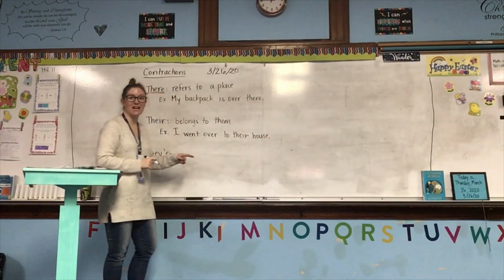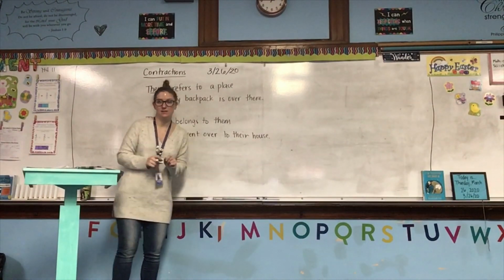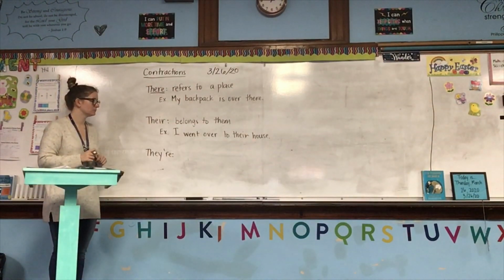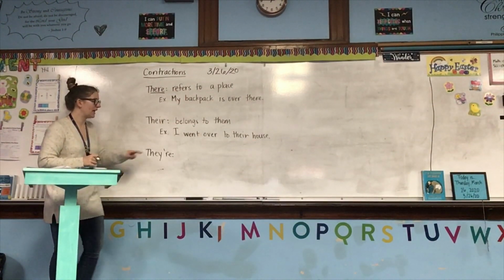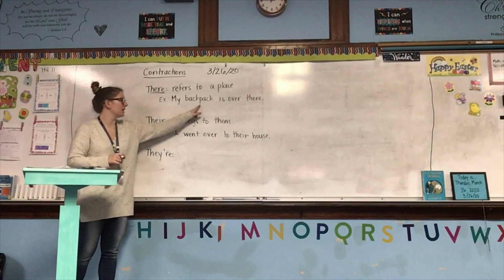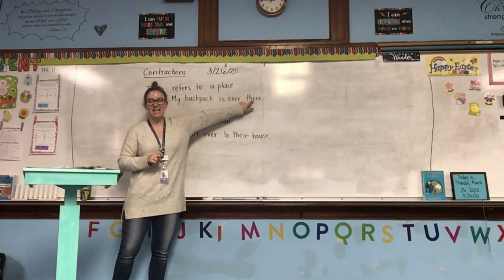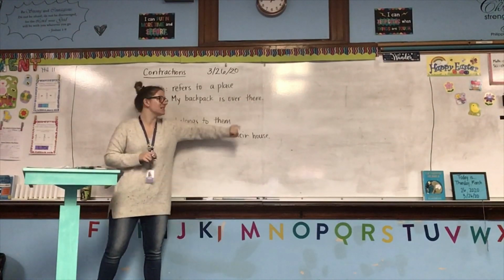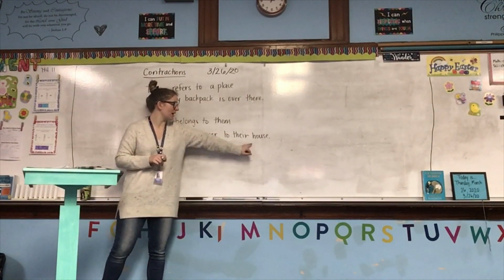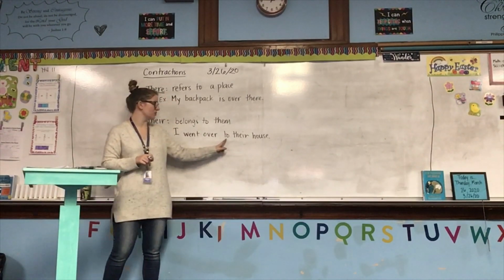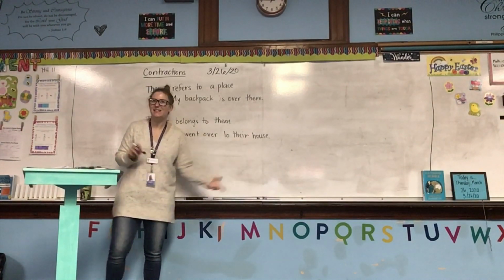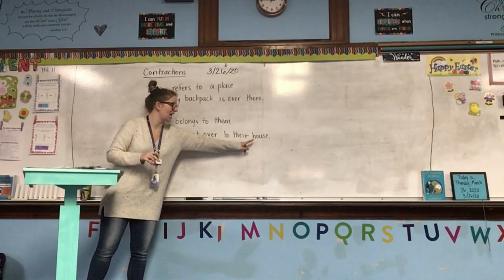They, or whoever they are, have a house. You cannot use this there up here because over here, you're not saying that anything belongs to them. You're talking about a place. You cannot use this here because you cannot say I went over to a place, house. That doesn't make sense.